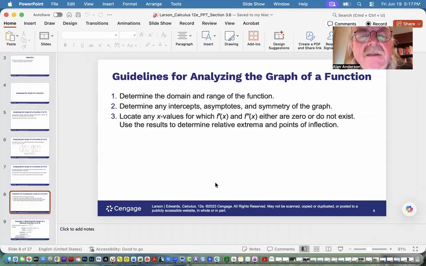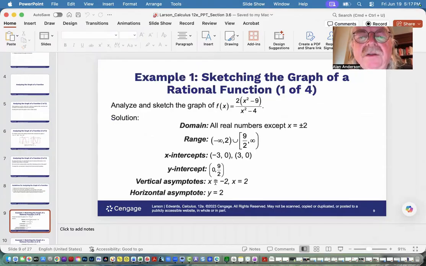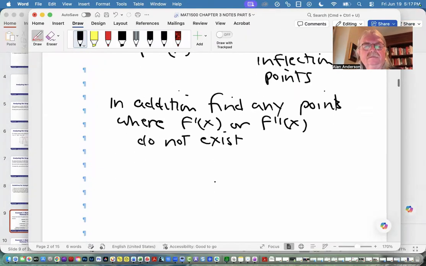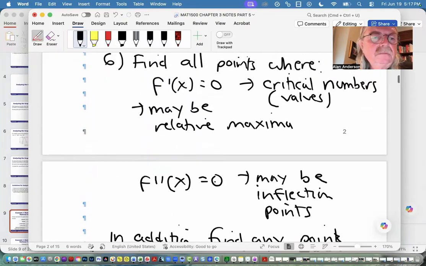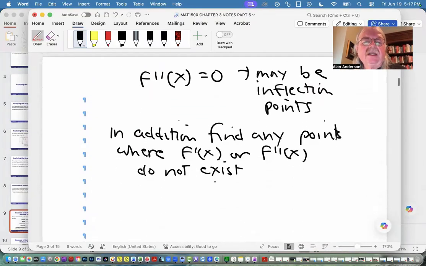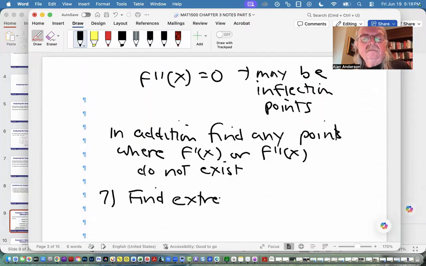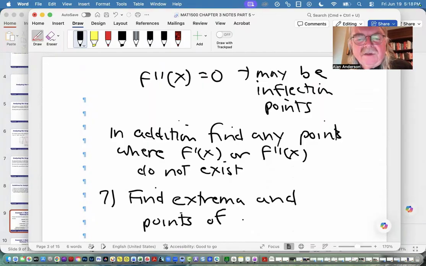And then of course look for, 7, we'll put this as a separate category: find extreme endpoints of inflection if they exist. Well, that kind of overlaps with the other ones, but that's fine.